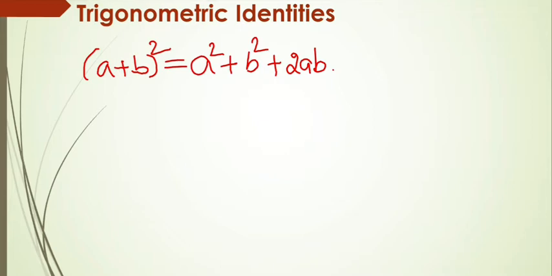That means if you take any values for a and b, any integers or any numbers, any fractions, then we get a plus b whole square is equal to a square plus b square plus 2ab. If you substitute any values for a and b, this equation is satisfied. So this is called an algebraic identity.